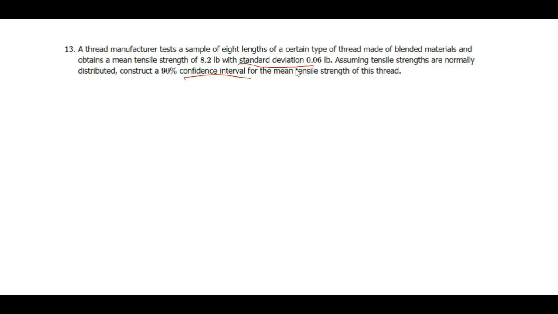Well, where did the standard deviation come from? It doesn't tell me whether this is sigma or S, or does it? Let's see. They sampled 8 of whatever these things are, and here's the mean, and here's the standard deviation. Do you see the standard deviation came from the sample of 8? It came from the sample. It's S, and it's the T world.